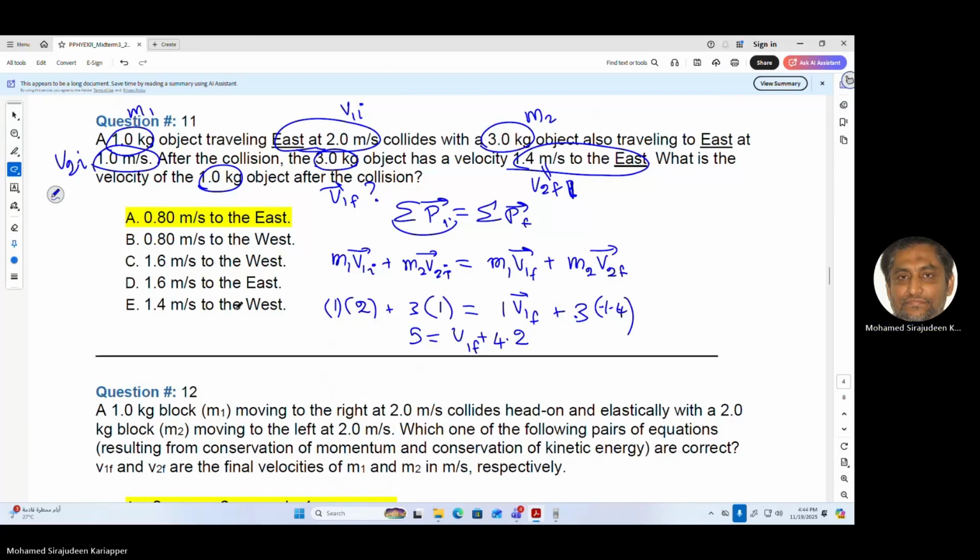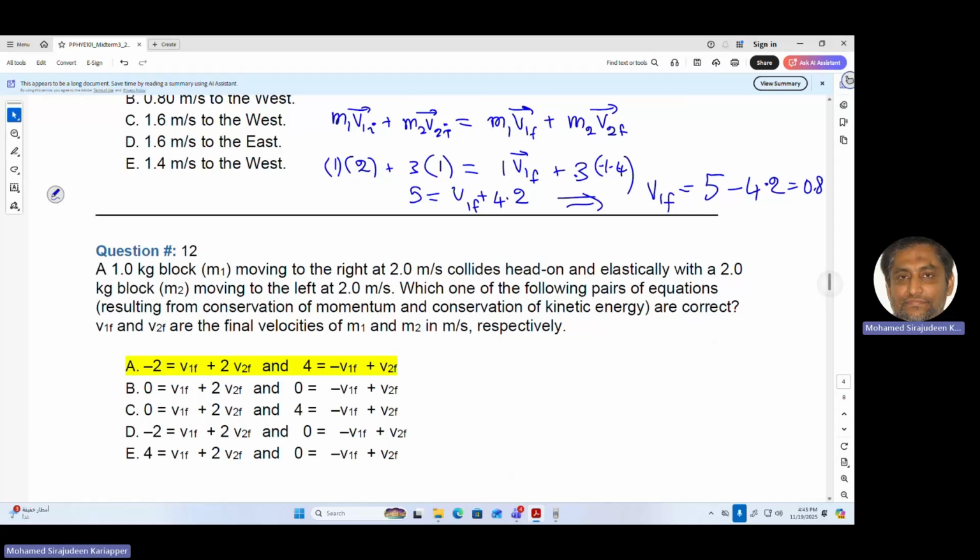Okay, so this gives me, I'm not telling you to do it like that. You can, of course, use the calculator, but V1F is 5 minus 4.2 equal to 0.8. Is it positive or negative answer? Positive answer. That means the direction is east.